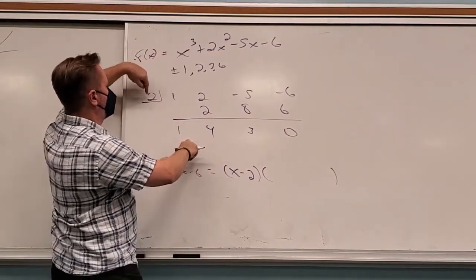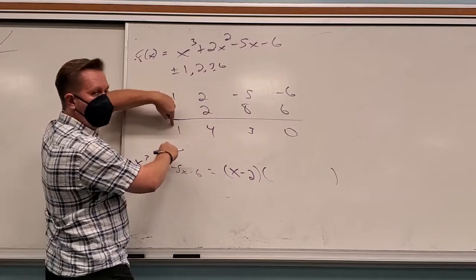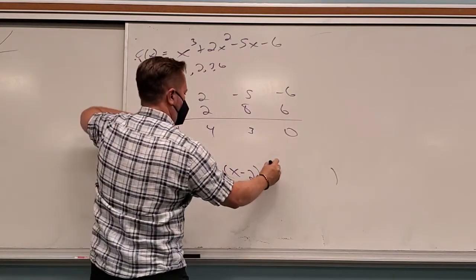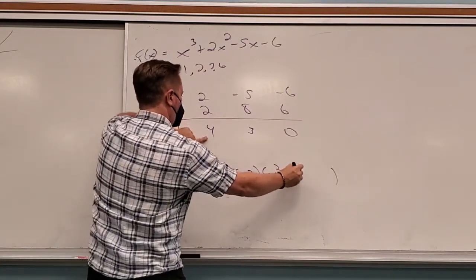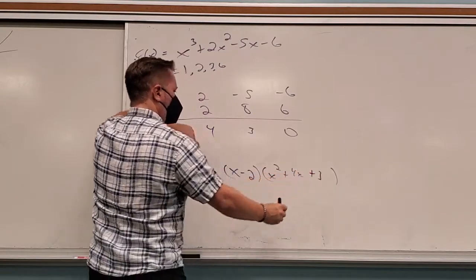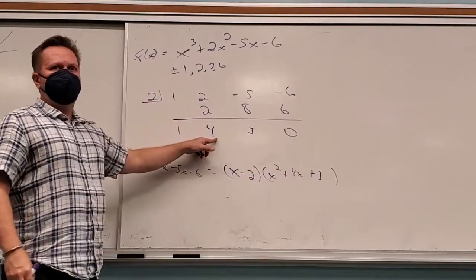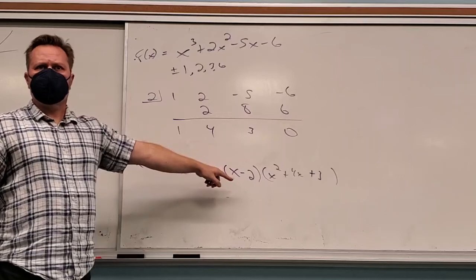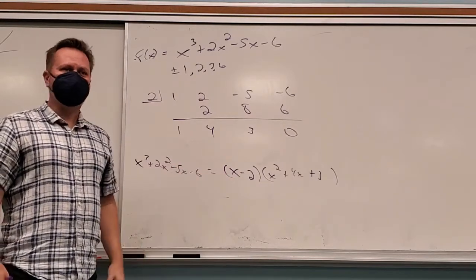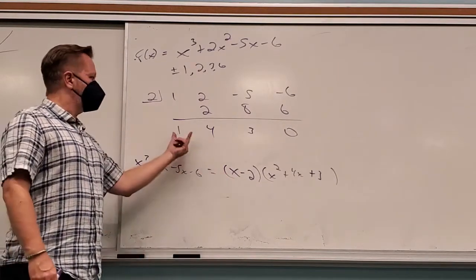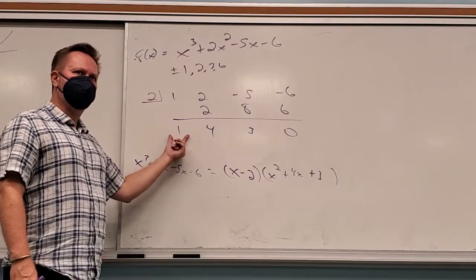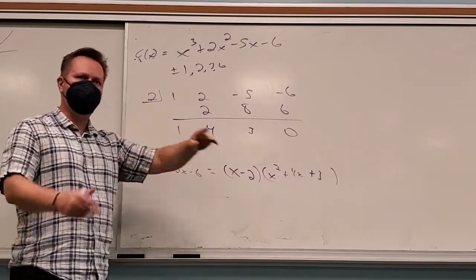I divided by x minus 2, so I'm going to have squared left. That's x squared plus 4x plus 3. Do I have to synthetically divide by more numbers to finish factoring this? No, I don't. The minute you get down to a squared, you don't have to do synthetic. You just write it and then factor it.